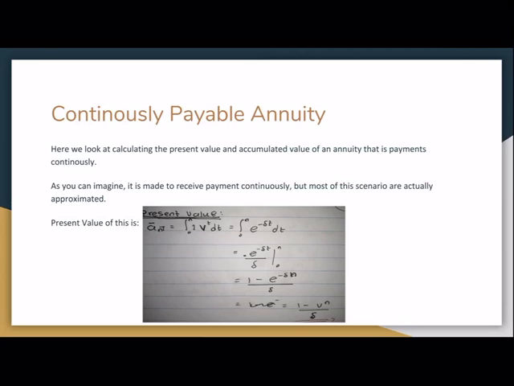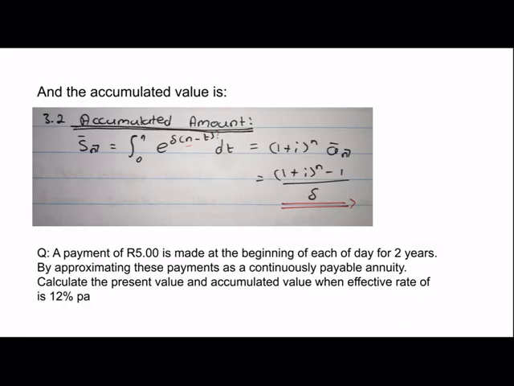And the delta is the force of interest. By now you should know how to find the force of interest. So the accumulated value again is S with a dash on the top, with delta again representing the force of interest. That's how you find it.